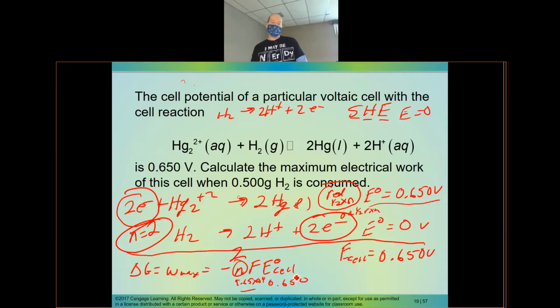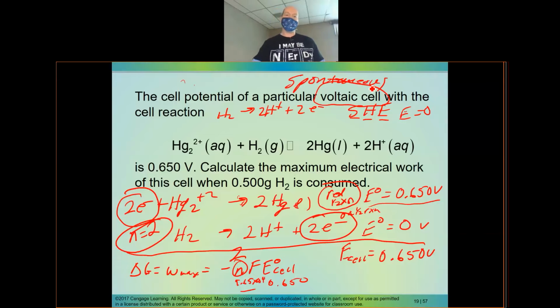That's positive, that's positive, that's positive, times the negative. You're going to get a negative delta G because it says voltaic cell. Good, because voltaic cell means it's going to be spontaneous.